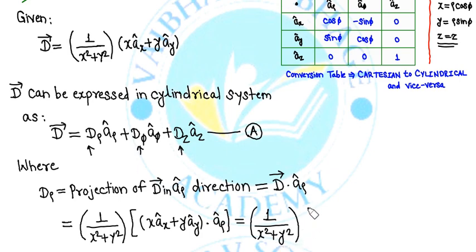Very firstly, we are going to find the dot products. So for simplification, I am again going to rewrite it: x into ax cap having the dot product with a rho cap, plus y into ay cap having the dot product with a rho.